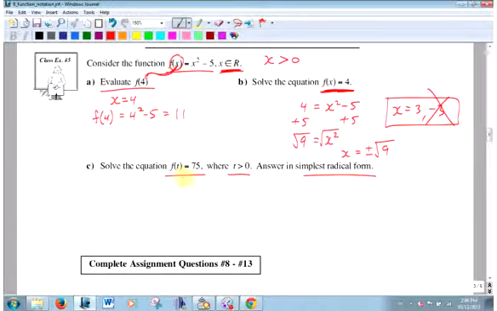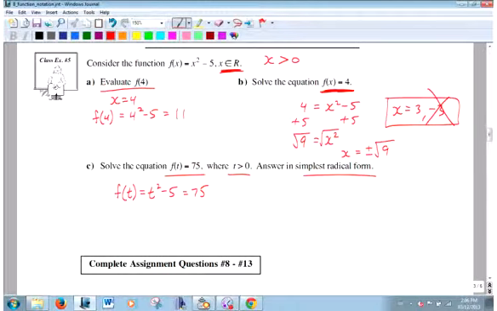So f of t is 75. There's my function. This is still the same question, right? So f of t, this is function of t. That's t squared minus 5, but this is equal to 75.